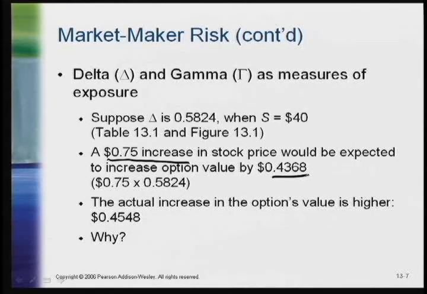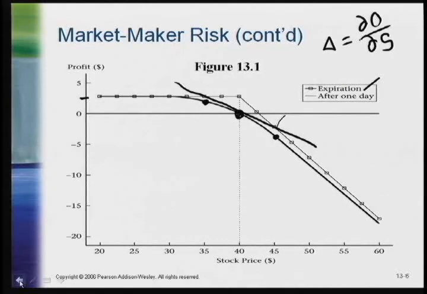So again, if we quickly look back at that graph, what delta tells you is how much the price moved on the tangent line, and we can see that the price of the option goes up. Remember, from the long position, we're going to flip this graph so that it's increasing rather than decreasing.